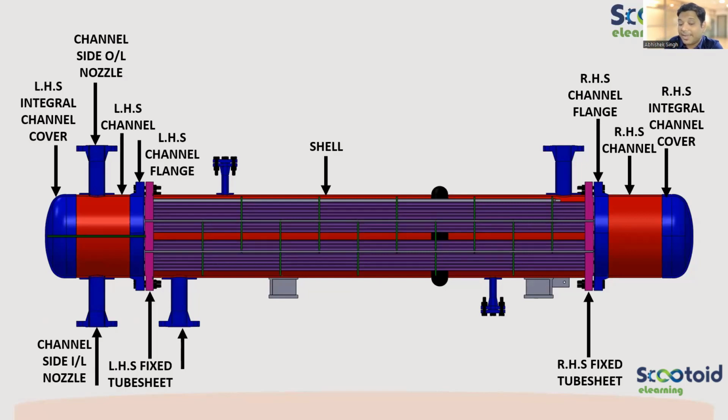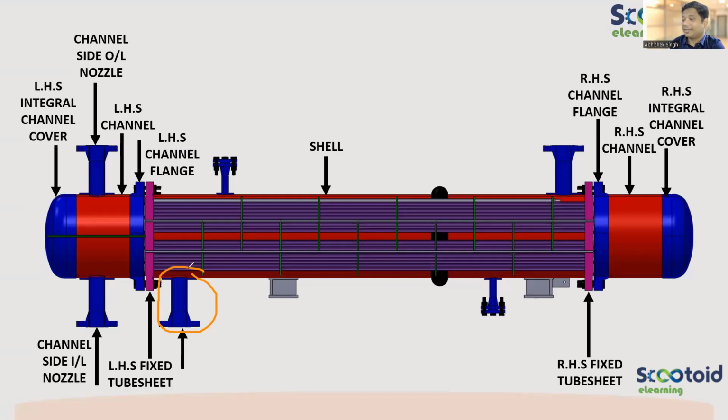Similarly, if the entry is from this side in the shell, what will we call it? Come on, give me a name for this nozzle. If this is for inlet, just write it in the chat so that you will remember. Shell side inlet nozzle. Okay.